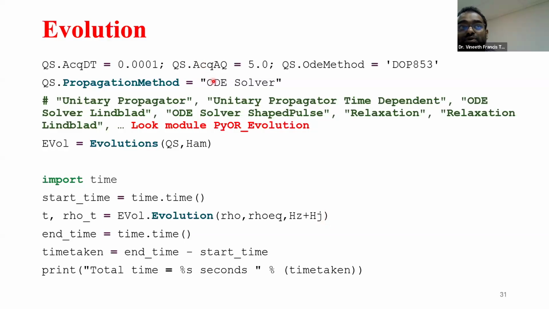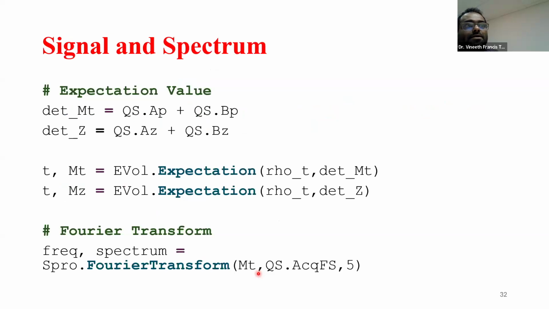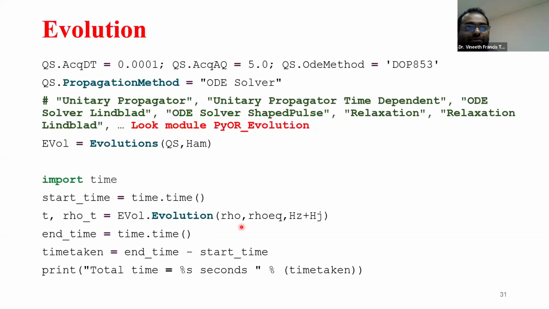For example, if you want to use a time-dependent Hamiltonian, we can also give an array of Hamiltonians as an argument to this function. And you can use the standard Python function to compute the time of evolution. This function will return all the time points and also the density matrix as a function of time.